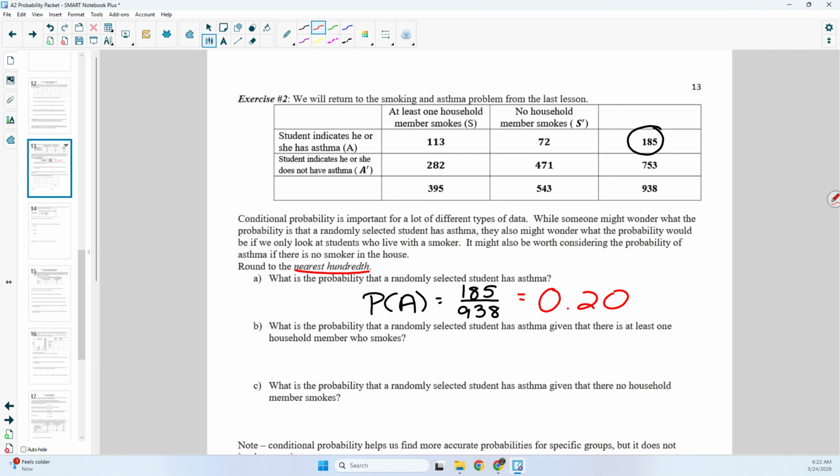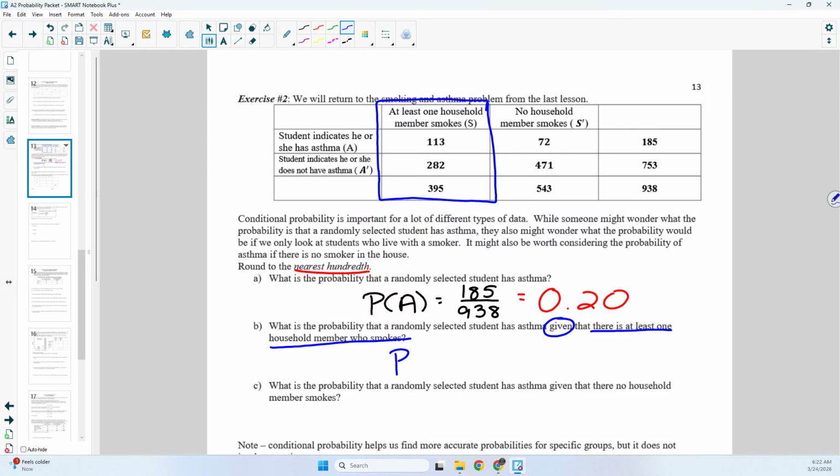So the next question, we're going to start to make some of those comparisons. What is the probability that a randomly selected student has asthma, given that there is at least one household member who smokes? So when we say given, it means we are only looking at numbers in that column for the person that smokes.